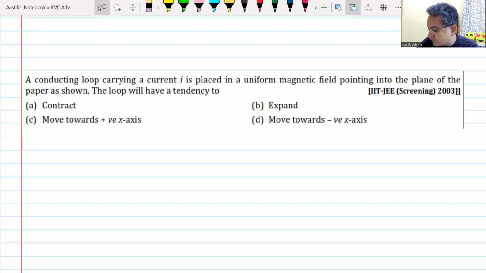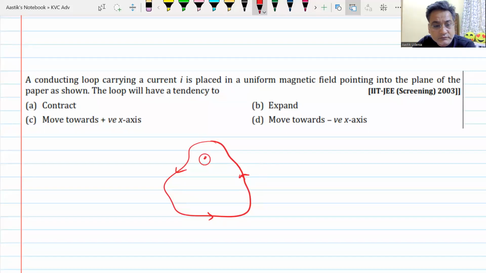Sir, the diagram is not visible. What is the answer for this one?